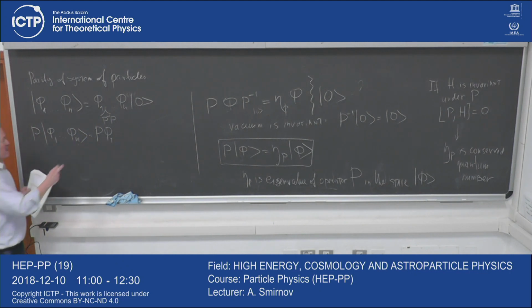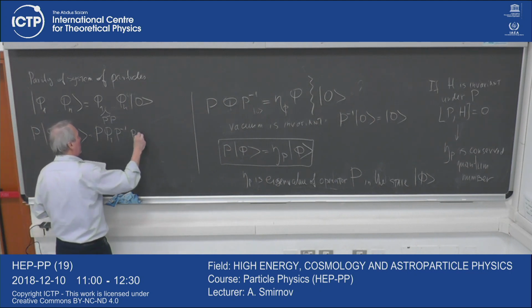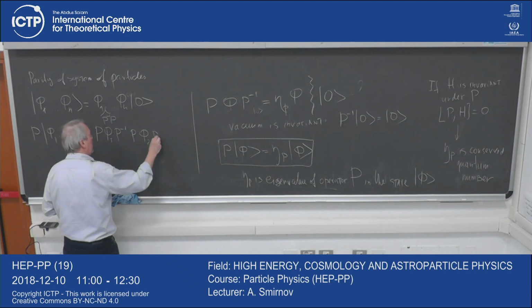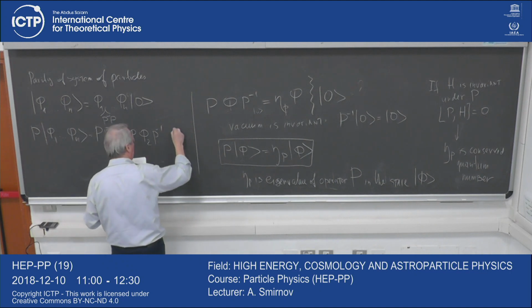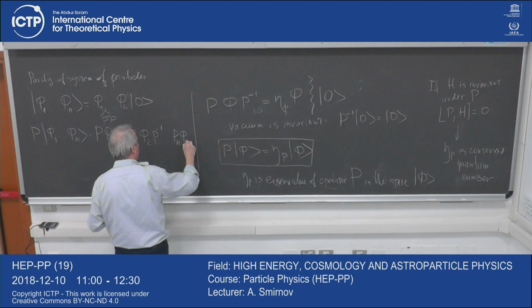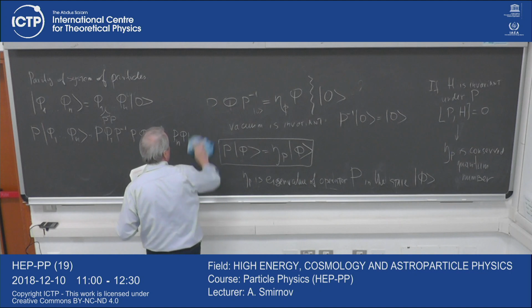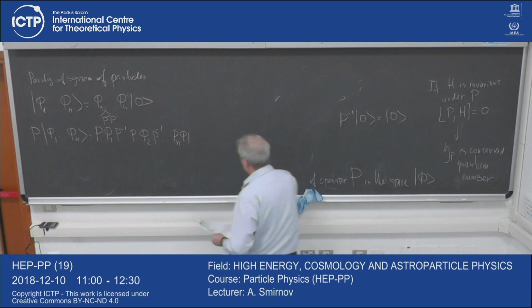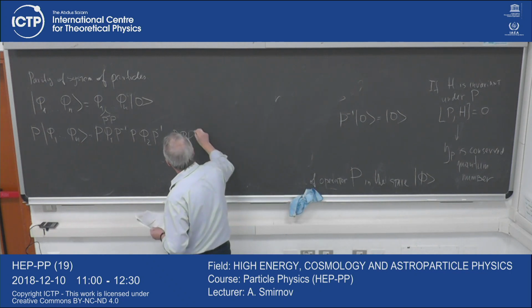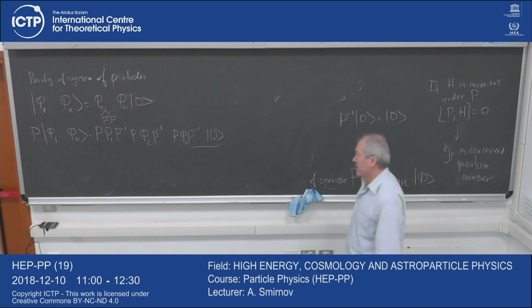Then what we will get is P acting on F1, P minus 1, P F2, P minus 1, and I will have here in the end Fn acting on the vacuum 0 and I will put here P minus 1. And I can do this if my vacuum is invariant under P.